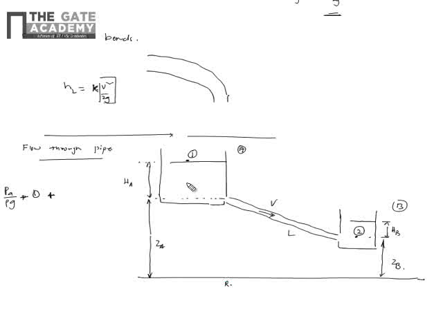If I take this as my reference level or the ground level, this will be your HA plus ZA equal to, at this point. I'm applying the Bernoulli equation between the free surfaces. The free surface here is 2. I'm applying between 1 and 2.